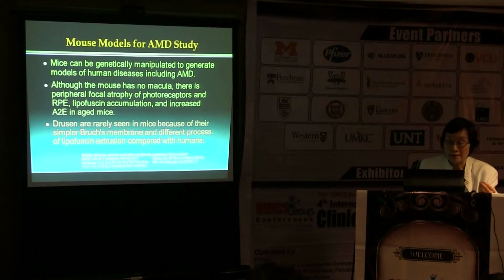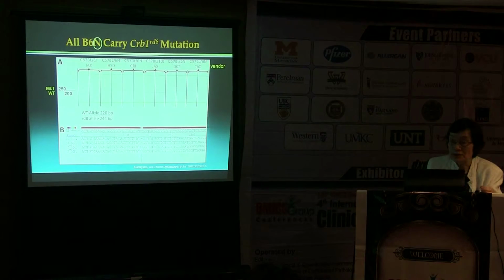As you know, in human, when you have the waste material, you deposit it to the base and to the Bruch's membrane side. That's how the drusen form. But in mouse, usually the waste goes up to the apical side, not the basal side, so there is less opportunity to develop drusen. So keep that in mind.